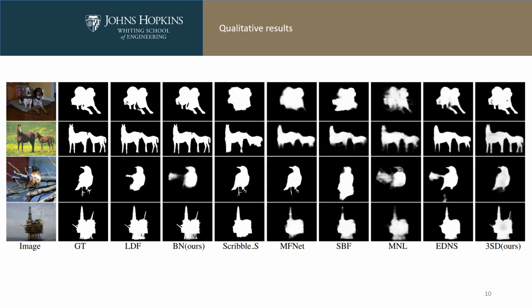They miss the legs and beak of the bird, and the legs of the horse in the second row. On the other hand, our proposed method produces clear and sharper salient object masks as shown here. It produces sharper legs for the horses in the second row and a sharp beak and legs for the bird in the third row.